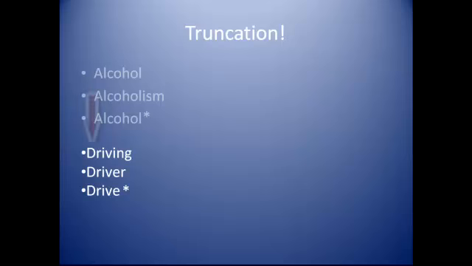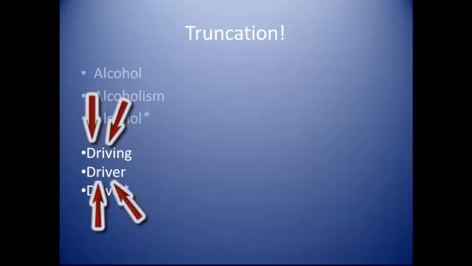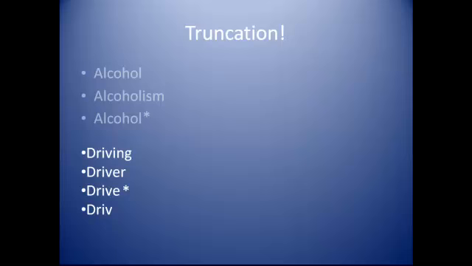They are the same for D-R-I-V, but then they go in different directions. D-R-I-V is actually the root of the word, and we would put an asterisk after the V to get all forms of this word. Truncation is very good for getting both singular and plural words. In my search, alcohol and drive are good candidates for truncation, so I'll truncate both of them.